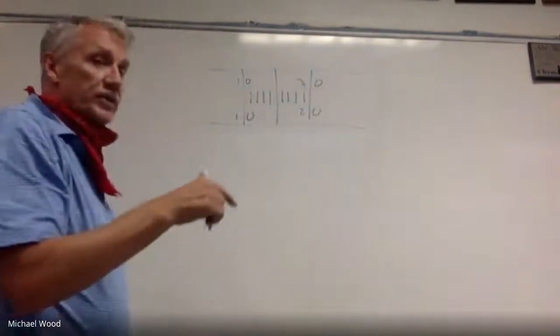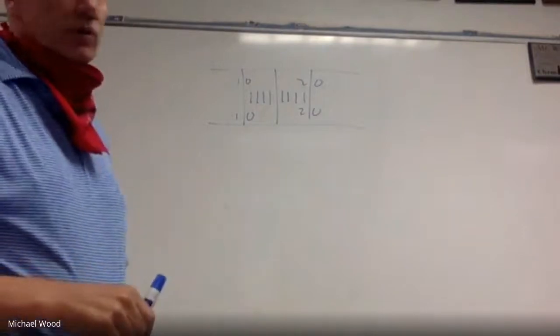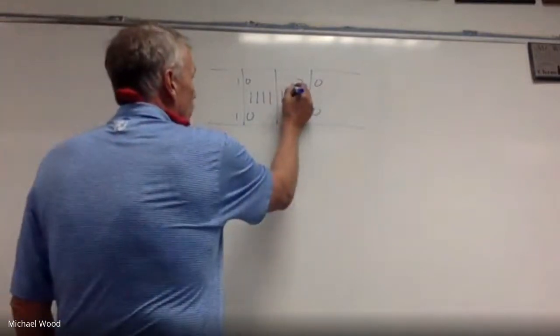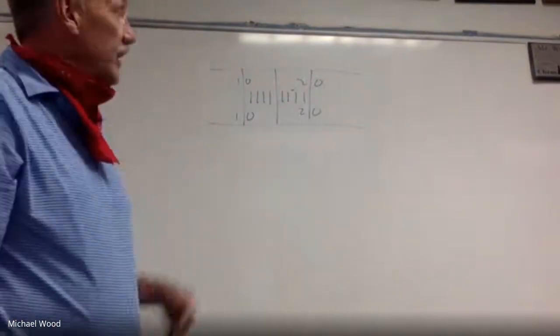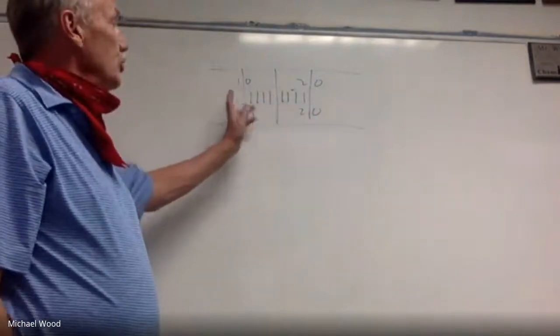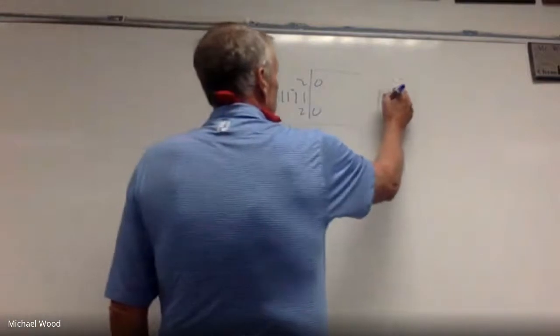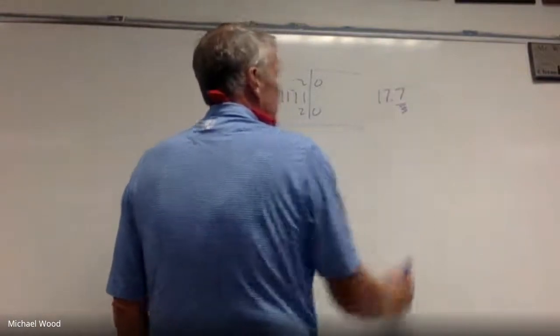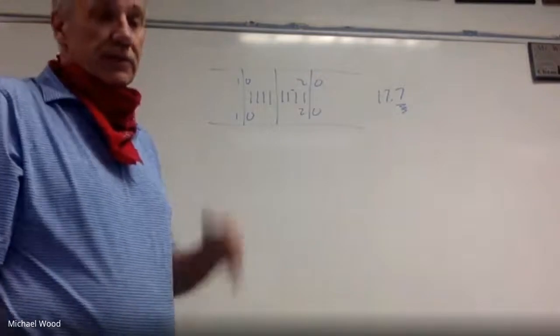Well, what I said is in a measurement, whatever the measuring tool goes to, you go one more place. So if the football was right here, technically by sig figs the measuring tool, the football field, goes to the 1, so we would go to the tenth. So we would say this is 17.7, which means the last digit is an estimated number. We'll do some examples like this.